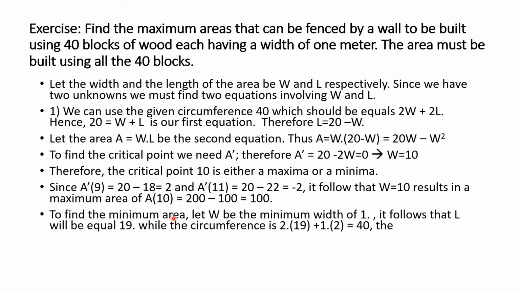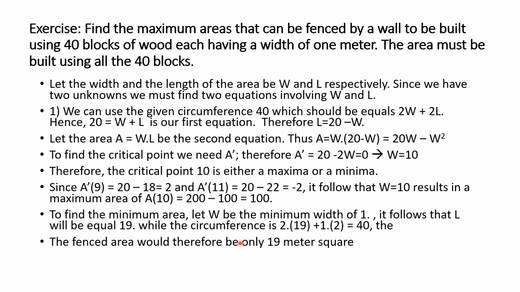To find the minimum area, let W be the minimum width, which is 1. It follows that L will be 19, because twice the width is 2, minus 40 is 38, divided by 2 is 19. So the length will be 19. The circumference is twice the length, 2 times 19, plus twice the width, 1 times 2, and that's going to give us 40.